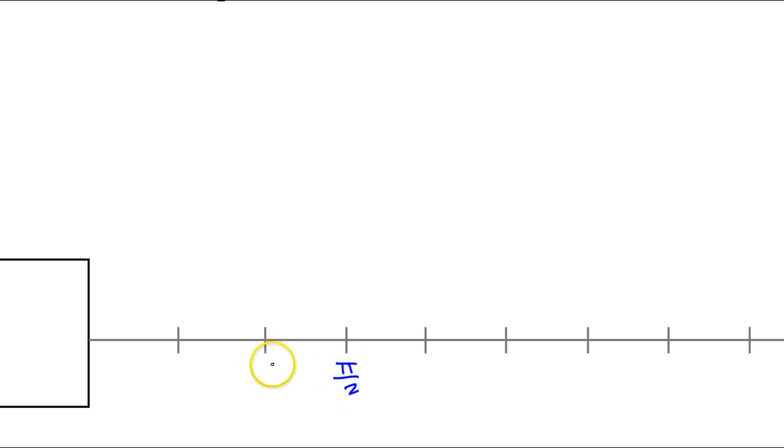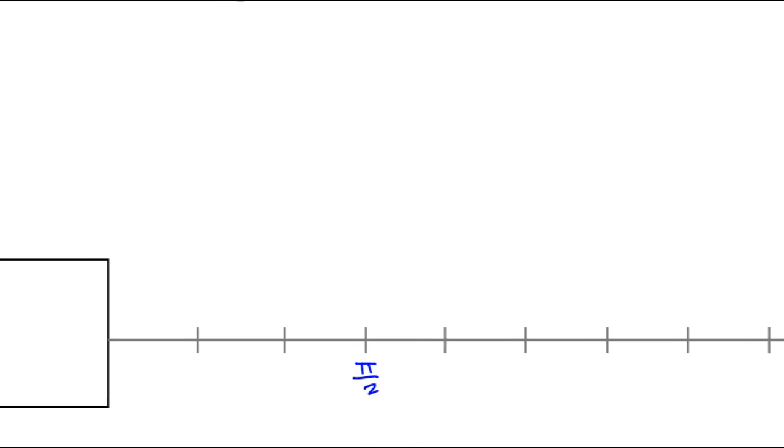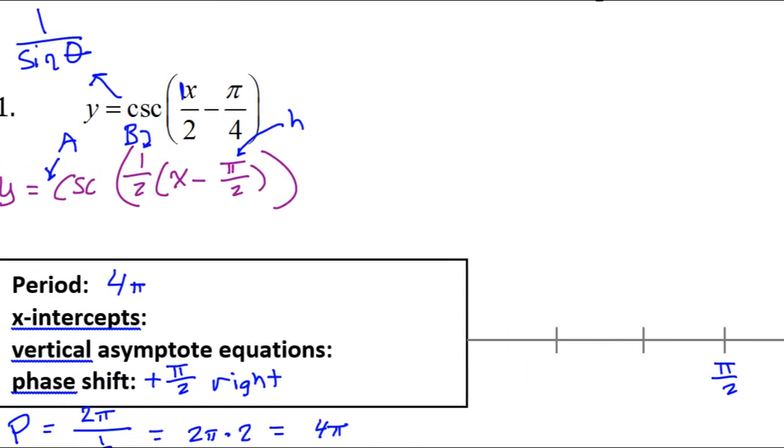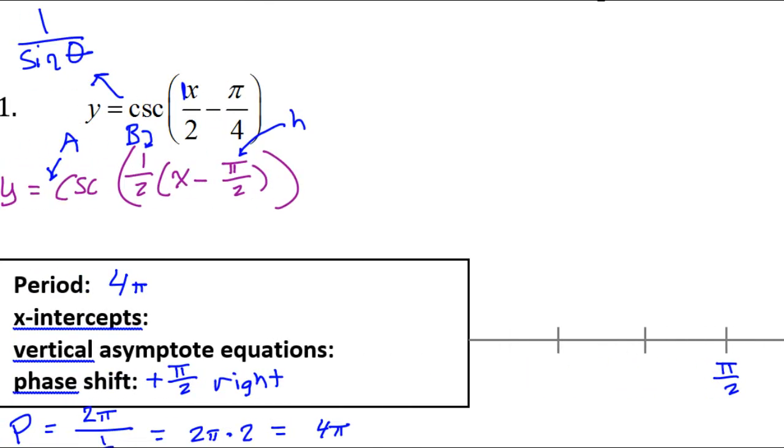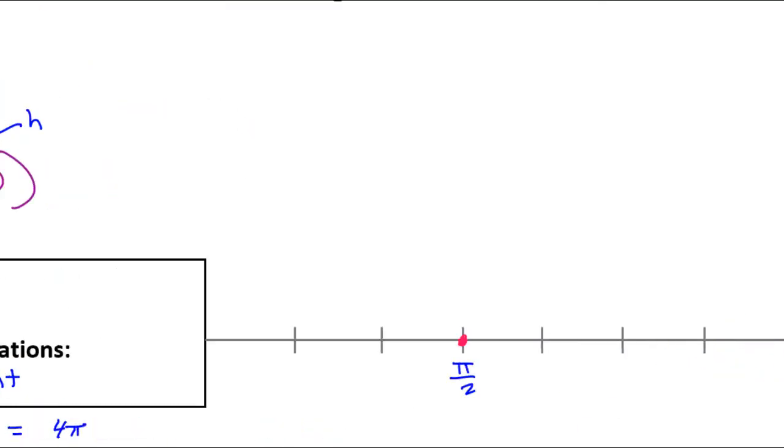I could have picked this line or this line. I'm leaving myself room because the y-axis is going to be somewhere, and I'm not 100% sure where it's going to be yet. But I'm starting at pi over 2. And I know that the sine function is going to start there, because that's where it was phase shifted to.